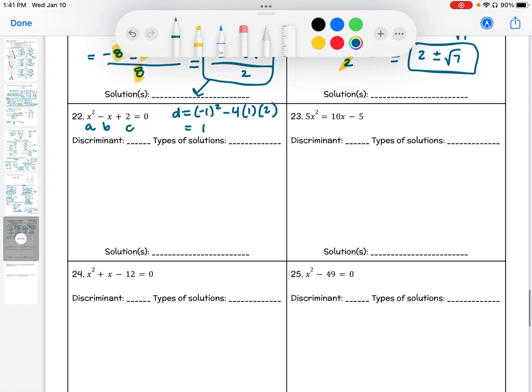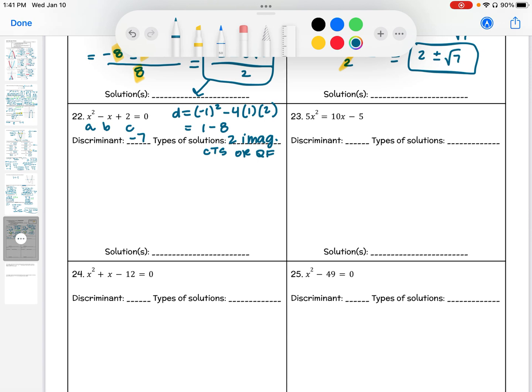So that would be 1 minus 8. 1 minus 8 gives us -7 for our discriminant. If it's negative, then we're going to have two imaginary solutions. And the best methods would be completing the square or the quadratic formula.